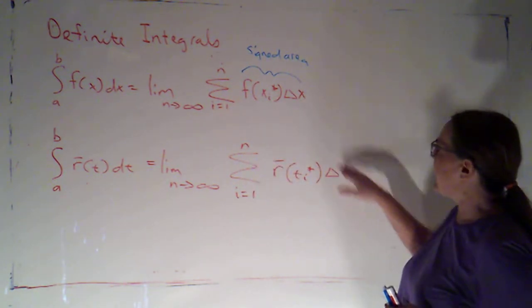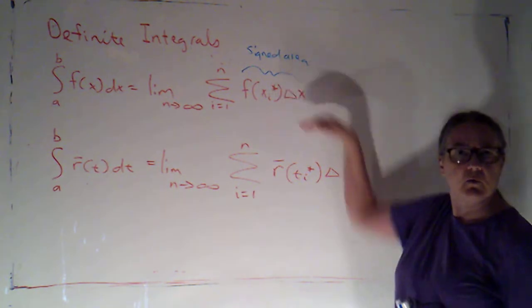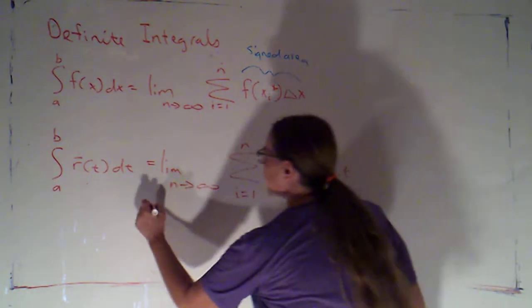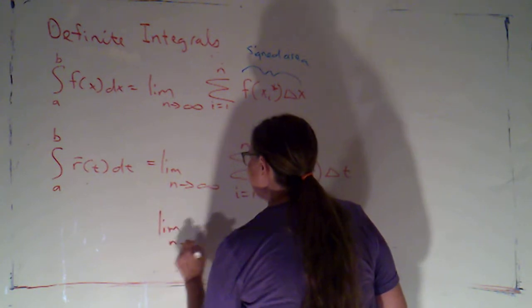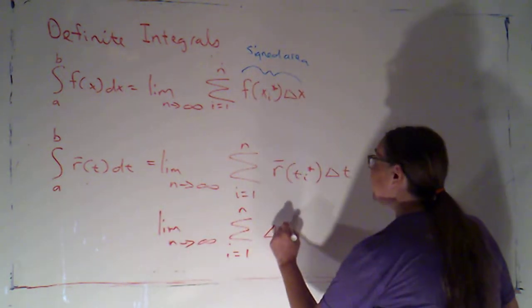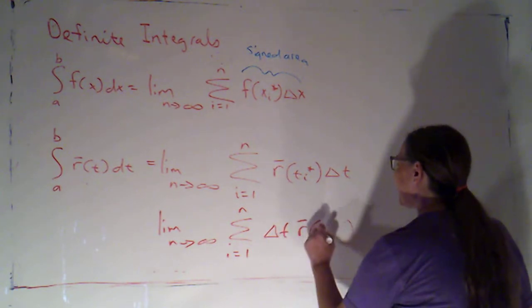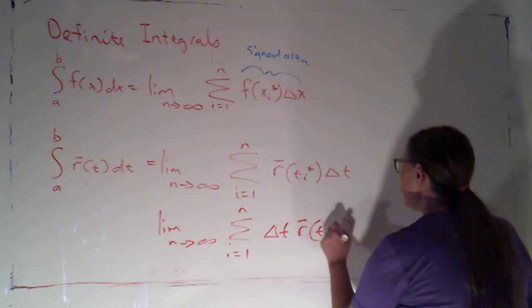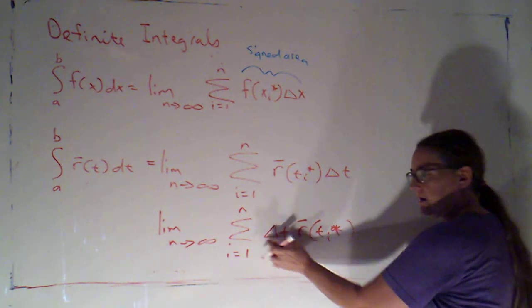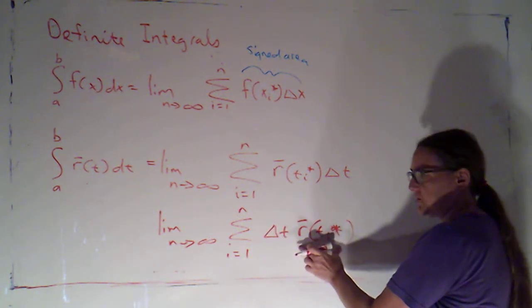I've written it at the end just to match what we had with our real valued functions, but it would be totally fine to rewrite this as the limit as n goes to infinity, sum i goes from 1 to n, delta t times r of ti star, and that actually makes a little bit more sense when I'm thinking of that as a scalar by which I'm scaling my vector.